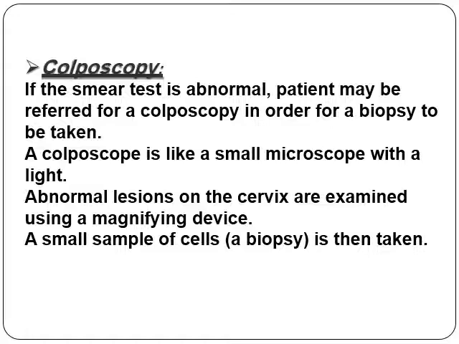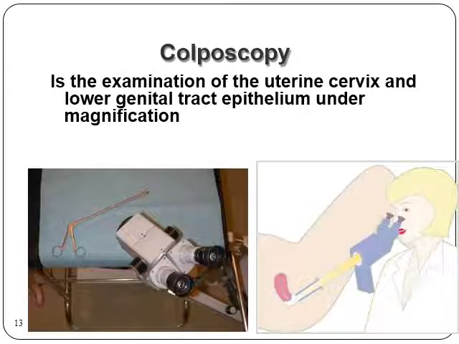Colposcopy is a small microscope with a good light source. It magnifies the cervical image up to 40 times, and also we can take a sample called a biopsy from the cervical epithelium. Here is the colposcope.